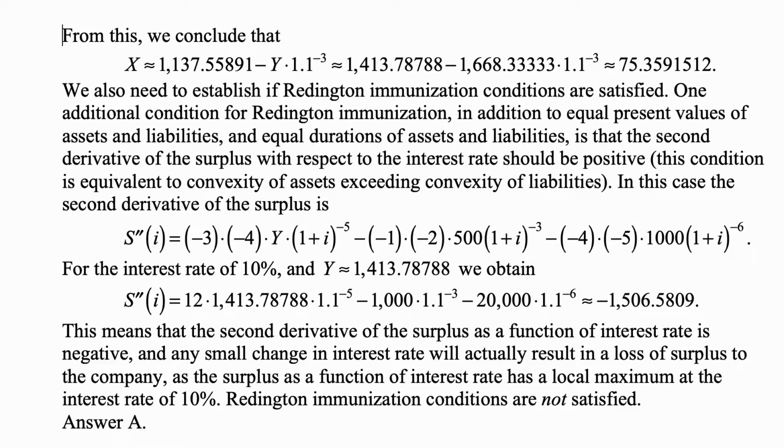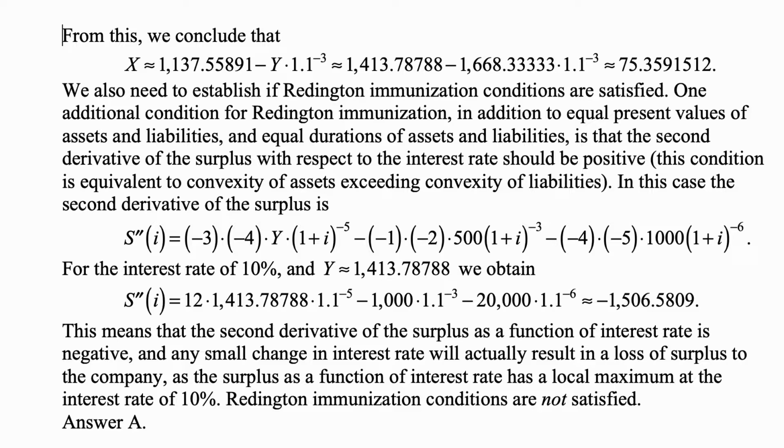This is actually bad news. Whatever happens to interest rates, at least within a certain small range, the company will be worse off after any change in interest rates. They will lose surplus. Which is kind of a lesson to learn that matching durations is not something that always protects you from interest rate risk.